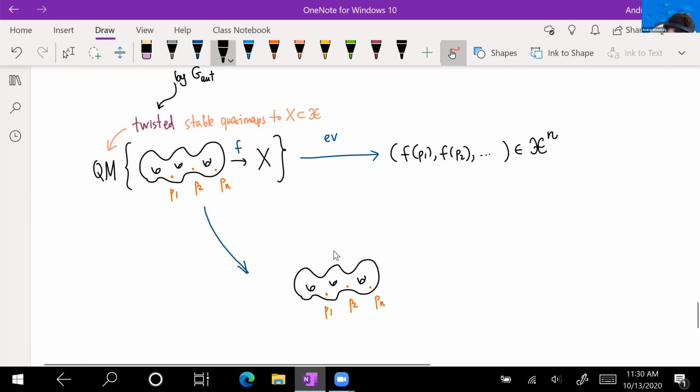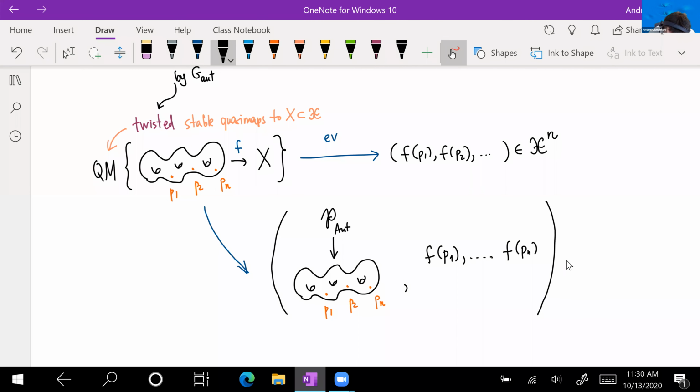And then with that bundle, P out, that's one piece of data. And then we would like the values at this point. So this is a point in some kind of stack of bundles. This is a stack over the stack of pointed curves.